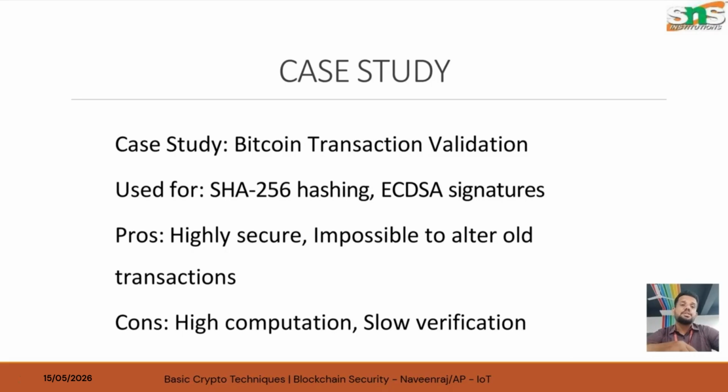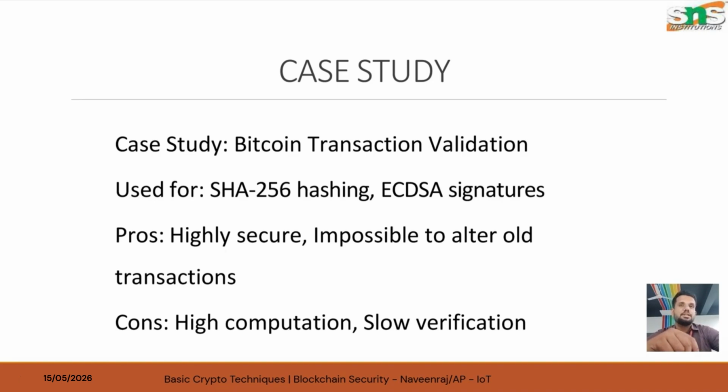We use this structure for efficient verification, and it saves memory. For example, if 1000 transactions happen, only the root hash needs to be verified. You do not need to verify all 1000 nodes one by one. That is why we use the Merkle tree for a very efficient verification process.